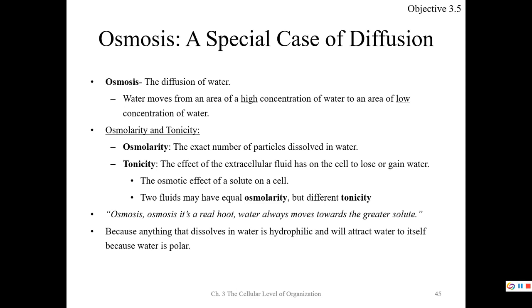Why? They can have the same number of particles dissolved in them, but not necessarily the same particles. You can have different amounts of sodium and different amounts of potassium, but have the same total number of particles dissolved. So they would have different tonicities, but the same osmolarity because they have the same number of particles.